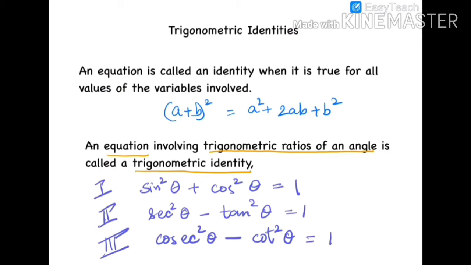Let's understand how we obtain these identities. Let's consider a right angled triangle ABC that is right angled at B. And we will consider the acute angle A, for which we are going to write down the ratios. Now since this triangle is a right angled triangle, we can use Pythagoras theorem.